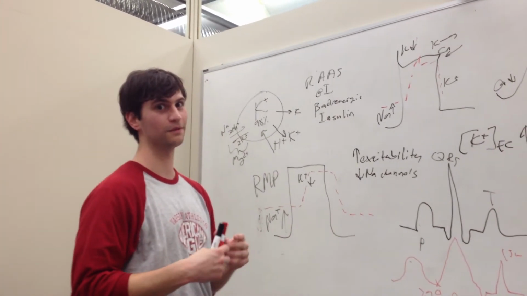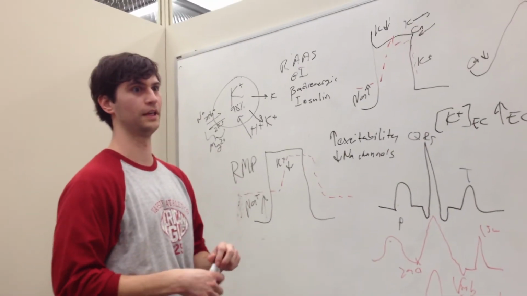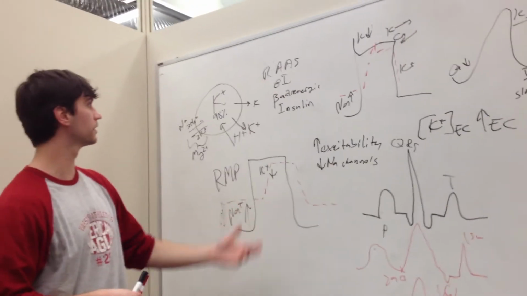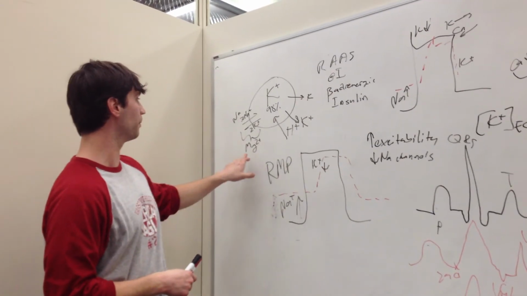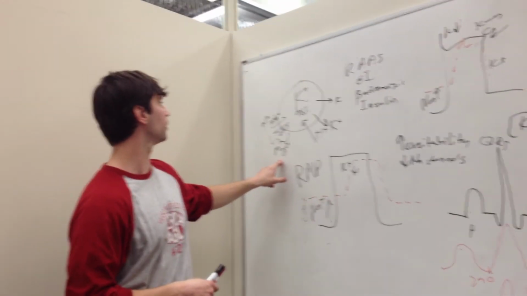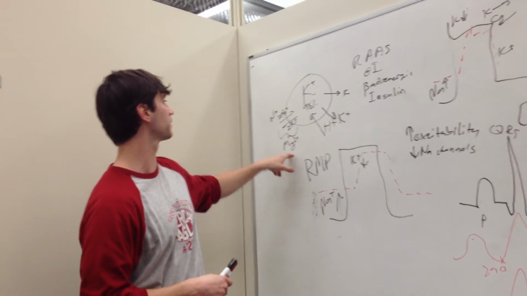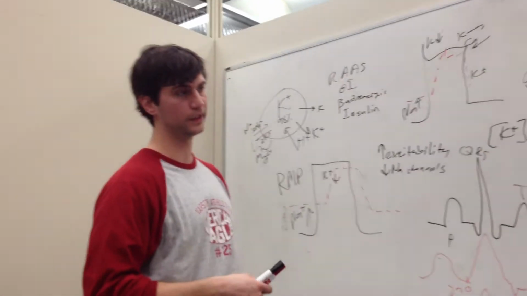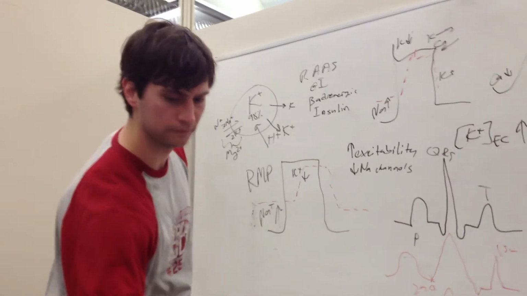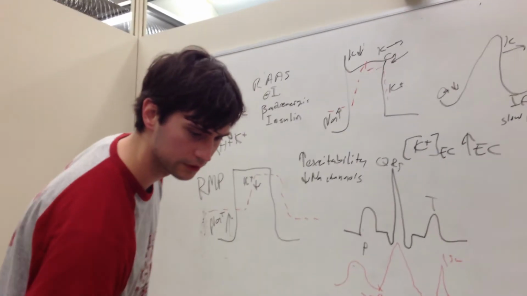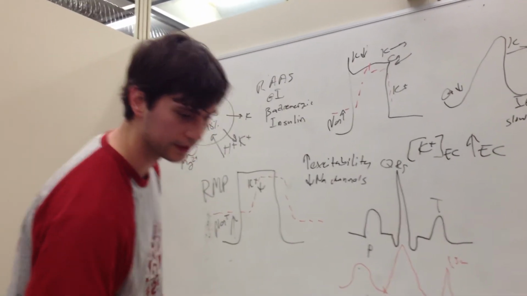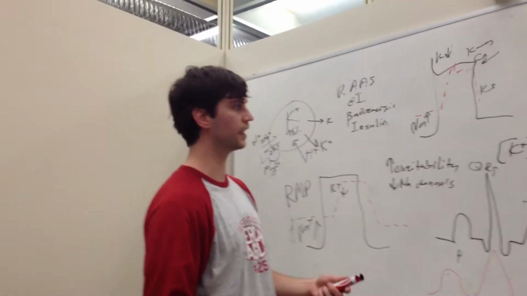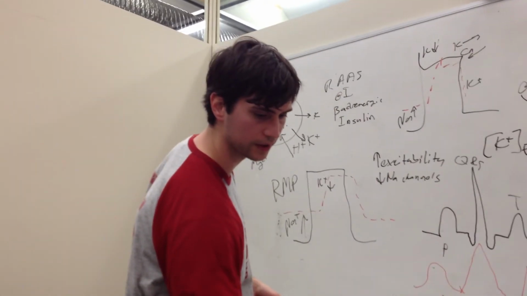Cells have lots of potassium. If you destroy them, then you've got tons of potassium in the serum. As I said before, something like acidosis. Hypomagnesemia can cause dysfunction of the sodium-potassium pump, and that can also lead to hyperkalemia. Also, any sort of metabolic acidosis, like DKA, can also cause hyperkalemia.